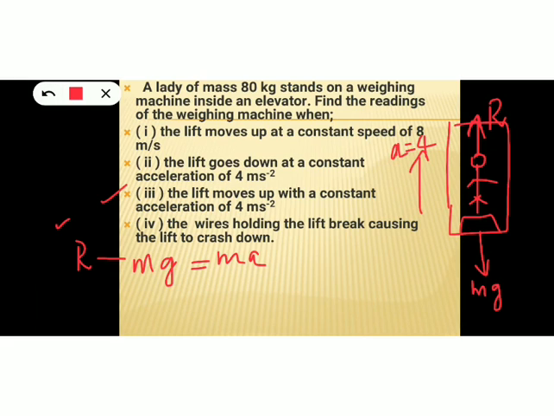Okay. Now from this, what is R? R is equal to ma plus mg, that is equal to m into a plus g.